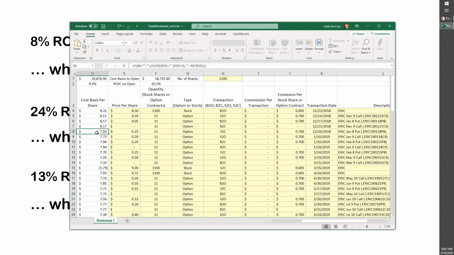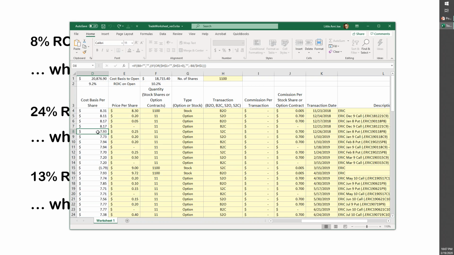Look what happens one cycle into the trade. Our cost basis is now below $8. That means if we get bailed out of our position at $8, or if the put kicks in as a protection, as a hedge at $8, we're guaranteed a minimum return.